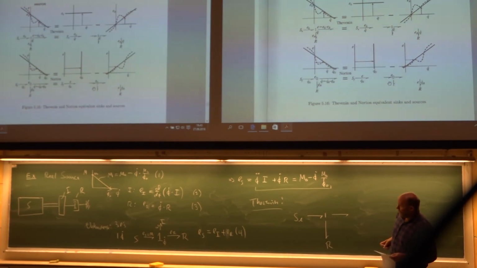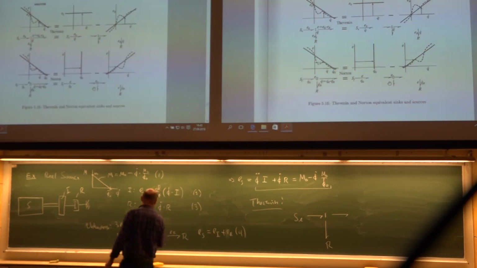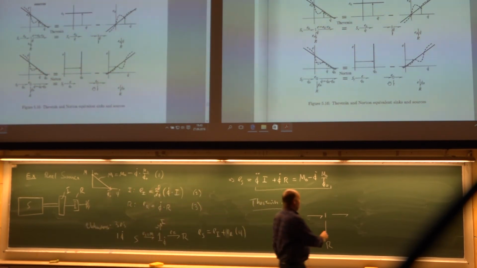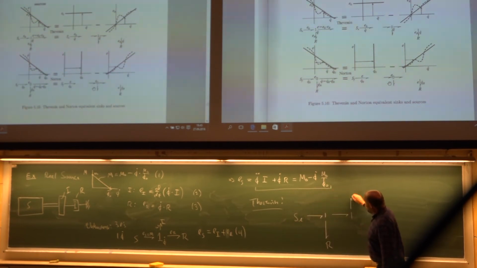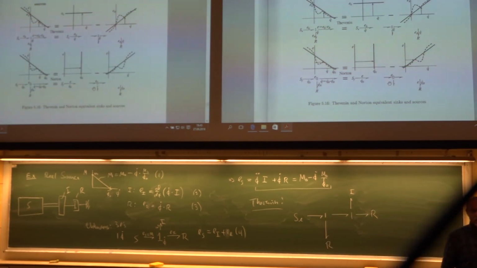And what do we have for the rest of our system? Well, that is the same as we have here. One junction and then an I and an R, and here an R element. So actually I get two one junctions next to each other, which of course can be joined if you like, no problem.